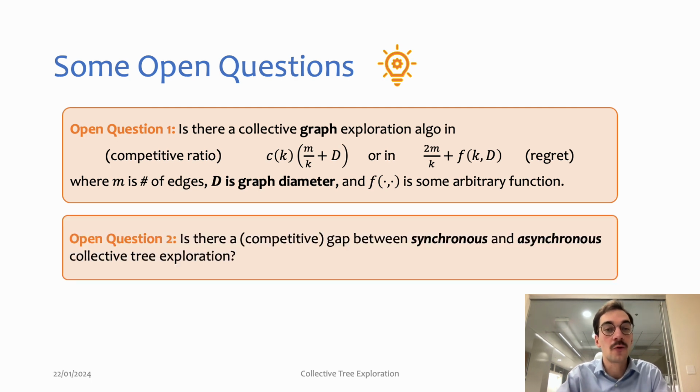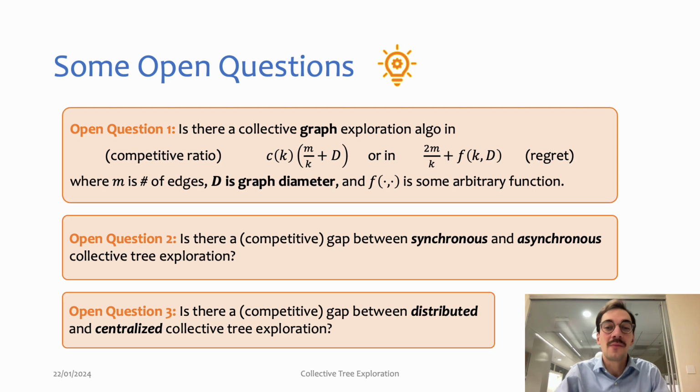Another important open question is whether there exists a competitive gap between two settings that I introduced, which are synchronous collective tree exploration and asynchronous collective tree exploration. Our methods presented in this talk work for both settings, but it could be the case that we didn't exploit synchrony and the competitive ratio could be improved in that setting.